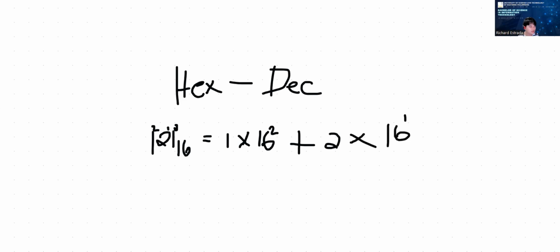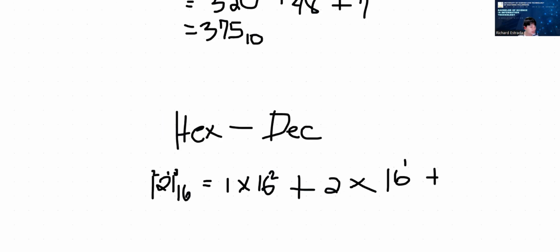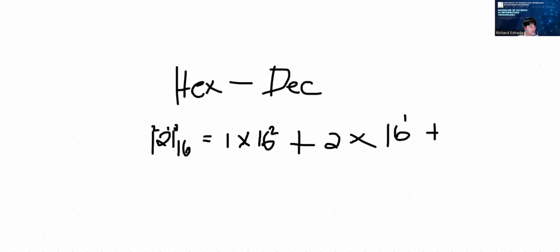Plus, same as before, 8 to the 0 is 1, 16 to the 0 is 1, so the digit 1 multiplied by 16 to the 0 is just 1. So 1 times 16 to the power of 2, what is that? 16 times 16 is 256.